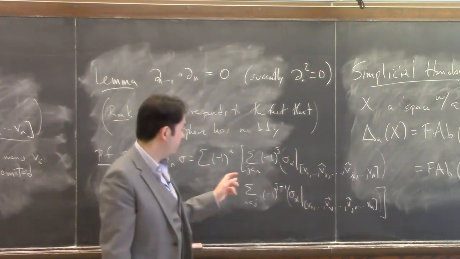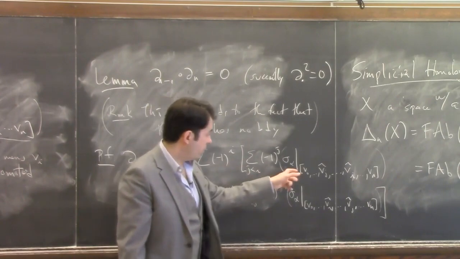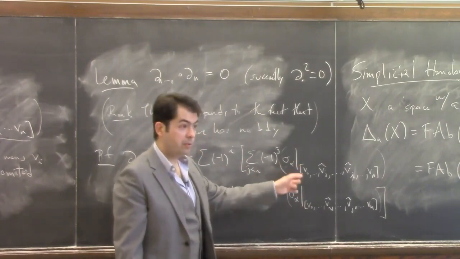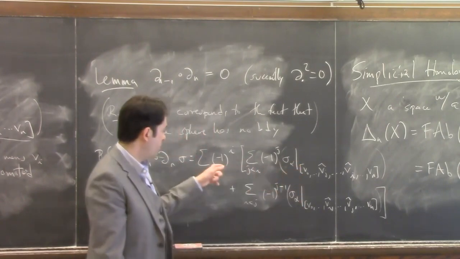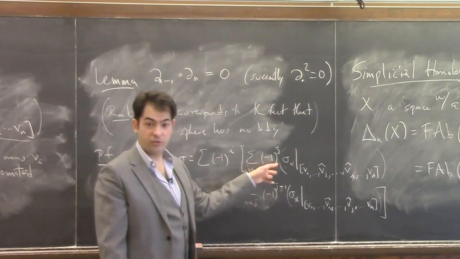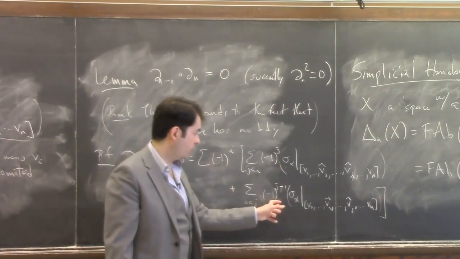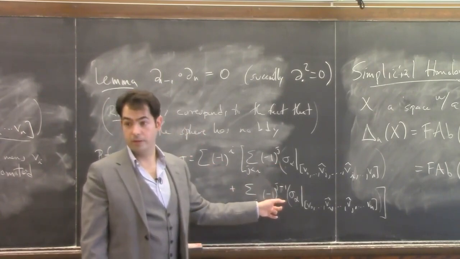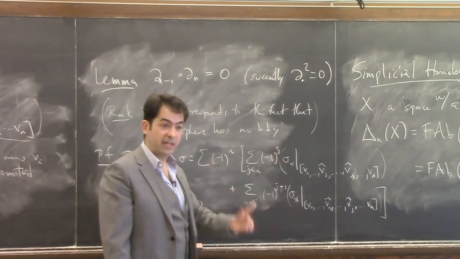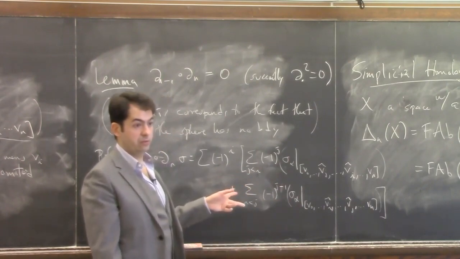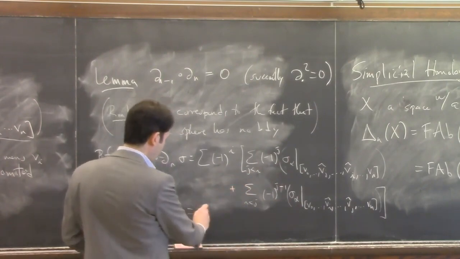So the same face maps show up, and one time they show up with sign (-1)^i (-1)^j, and the other time they show up with sign (-1)^i (-1)^{j-1}. So each one of them shows up exactly twice with opposite signs. So you get 0.